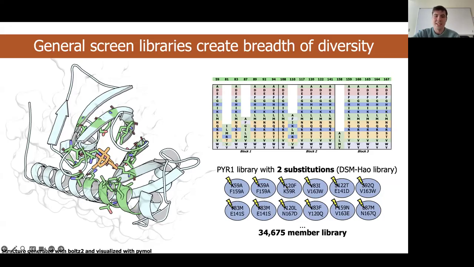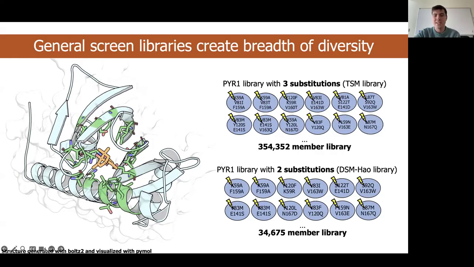And the 2 libraries that we used a lot to get at this chemical scope question were the DSM library, which allowed for 2 substitution mutations per Pier 1. The reason to constrain it is that as you allow for more substitution mutations per Pier 1, the number of possible Pier 1s that you're screening starts to blow up really rapidly. And so this was taken one step further with the TSM library, which is 3 substitution mutations per Pier 1.